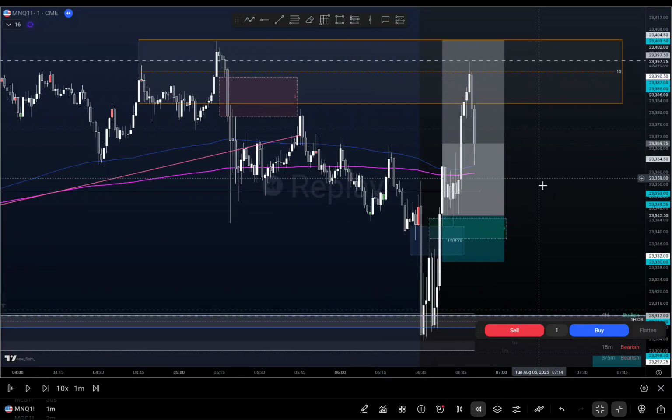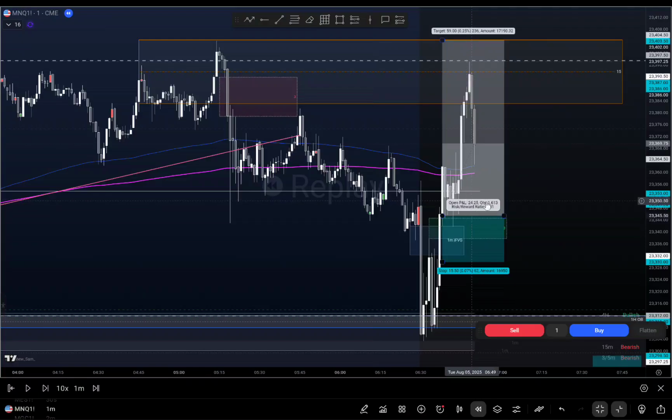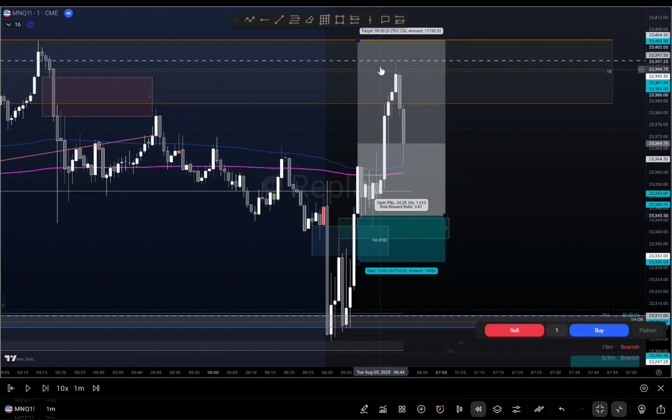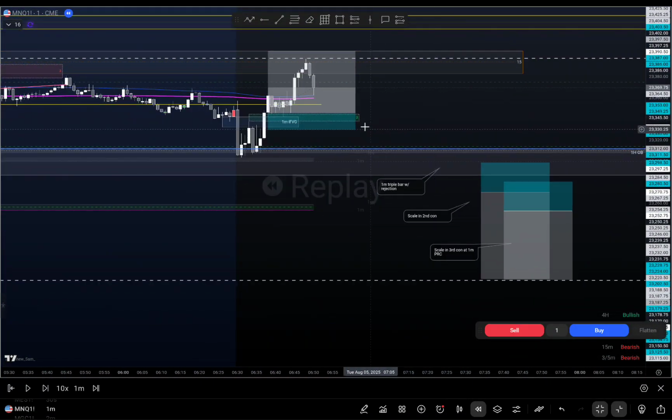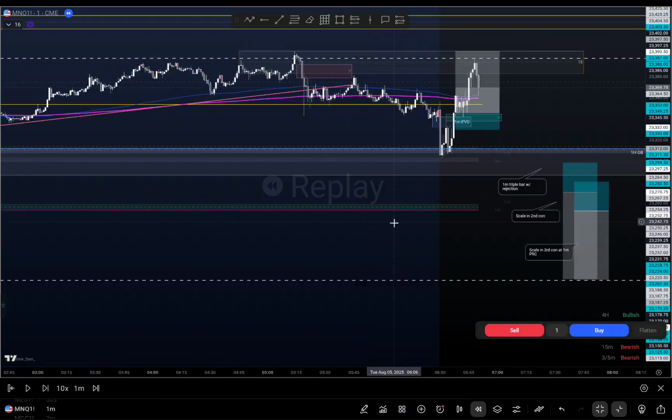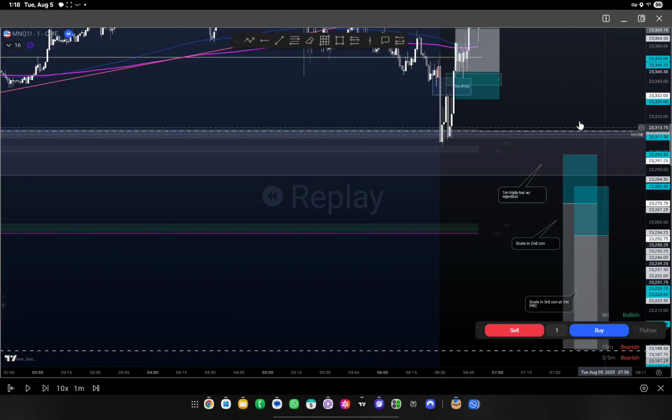So now seeing this, what was important to do is from here, this is actually the main move, right? So from here, what I should have done was look for an entry signal to the sell side all the way down to these 4-hour levels.